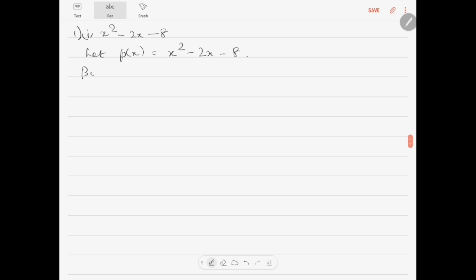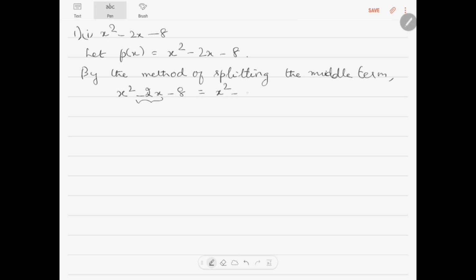We have to find the factors by the method of splitting the middle term. x square minus 2x minus 8 can be factorized by splitting the 2x into minus 4x plus 2x, which gives minus 2x minus 8.